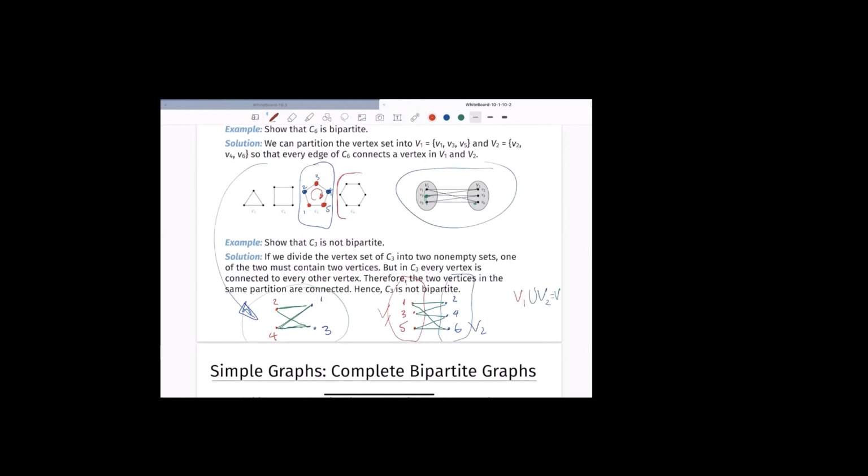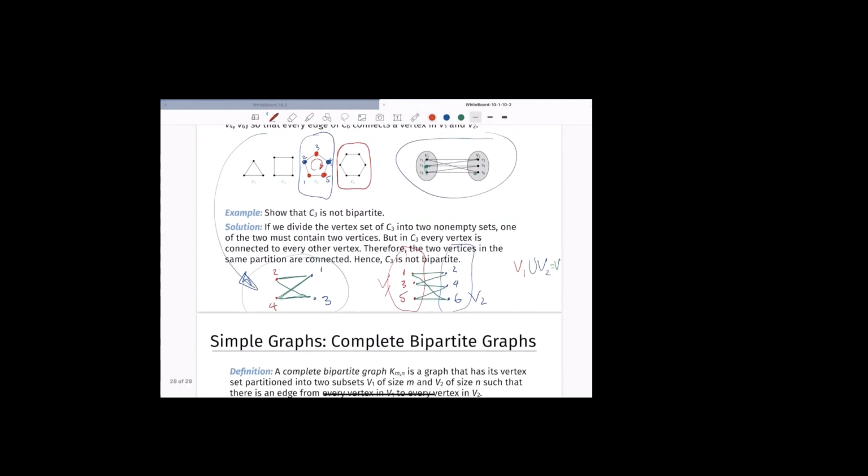But the theorem is that the cycle graph is bipartite if and only if it has an even number of vertices. So C7 is not bipartite and C2166 is bipartite because you can follow the scheme to color the vertices in 2 colors.